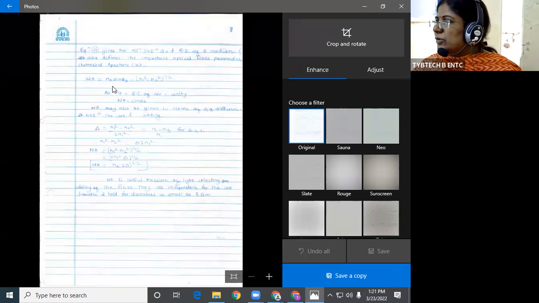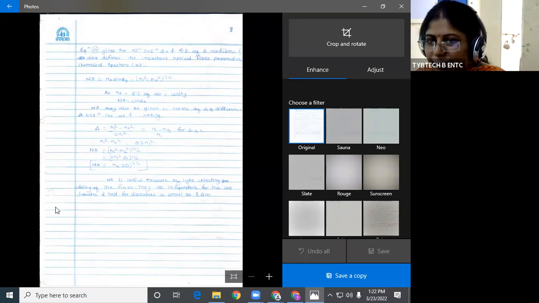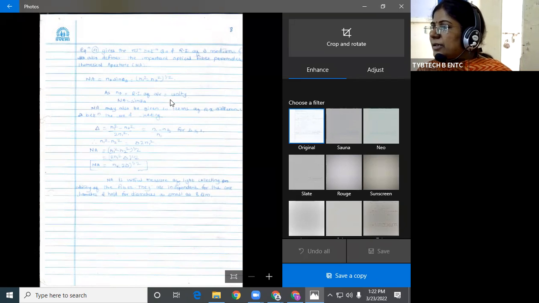NA is equal to n0 sin theta A, whereas n0 is by default equal to 1. So written here, NA is equal to what? Sin theta A. So in that way you have to solve the next part. Which formula will you use for solving it? NA is equal to n0 sin theta A.